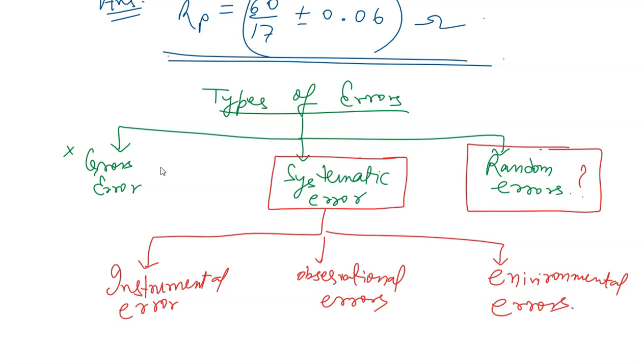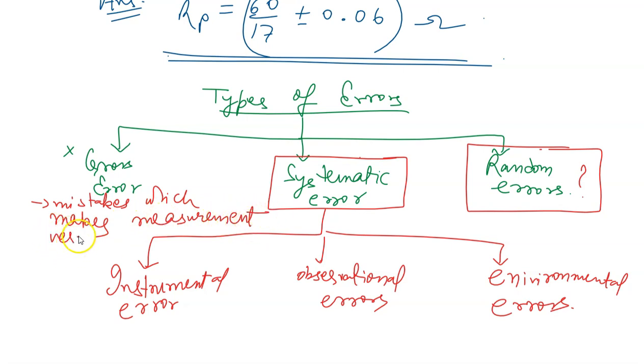So to understand better about the gross errors, you can say these are the mistakes which make the measurement very far from the accepted value or from the known value, right?